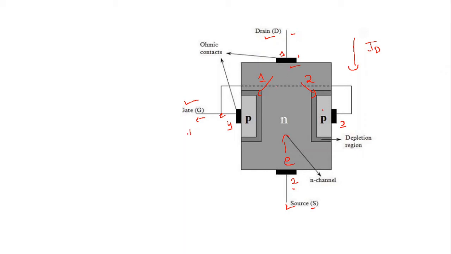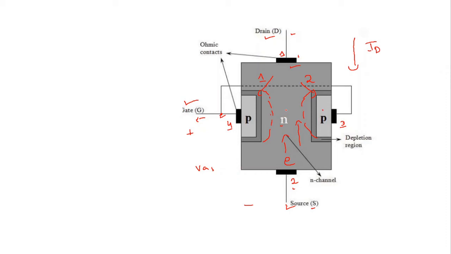Now if we apply a voltage VGS and start increasing it, the depletion region starts to widen. This is going to increase the resistance of this N-type material or this N channel, and this is going to obstruct the electronic current flow. So this is an important point where the VGS is helping to control the current flow.